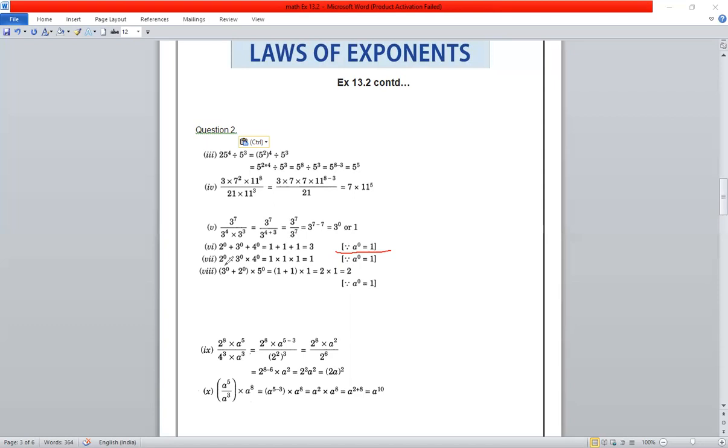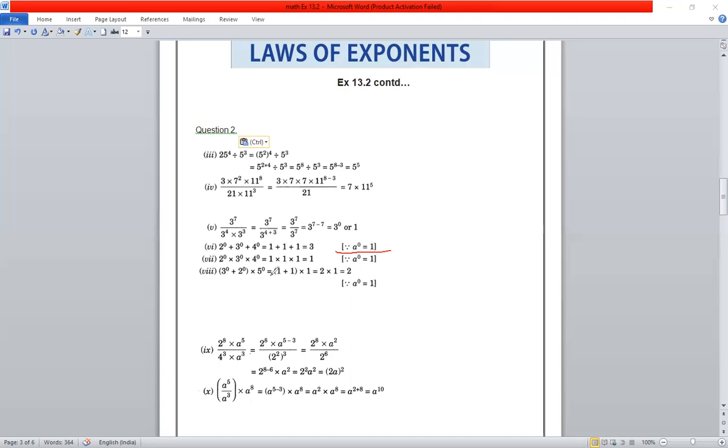Similarly, for the next question, 2 to the power 0 is 1. Here we have the multiplication symbol, again 3 to the power 0 is 1, into 4 to the power 0 is 1. Therefore, the answer is 1 into 1 into 1. That answer is 1. So, which law I have used here? A to the power 0.